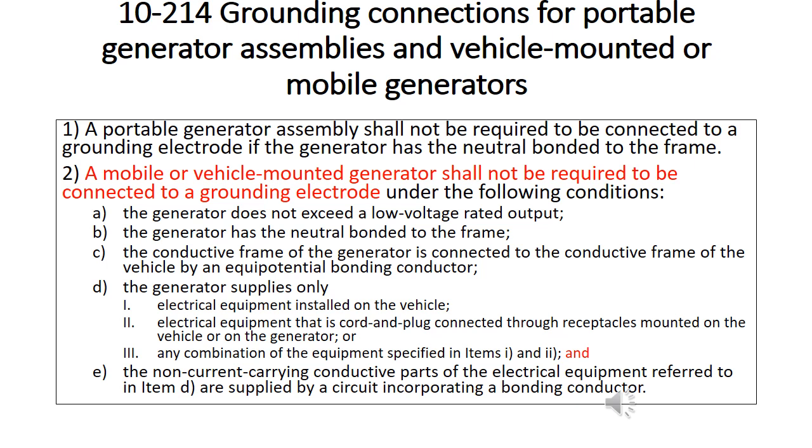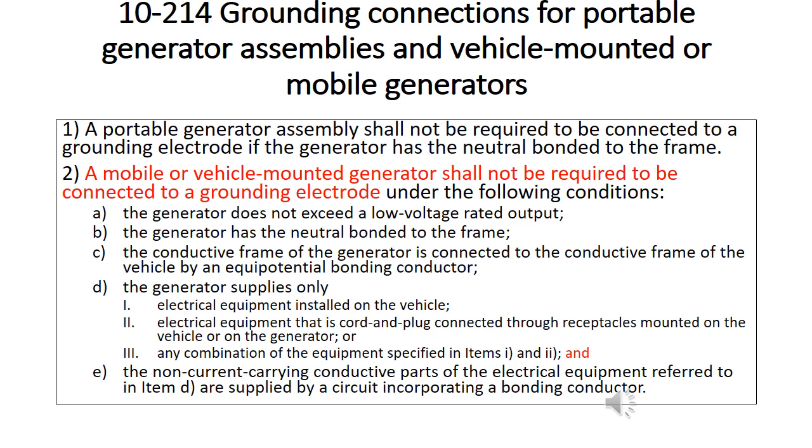CSA Standard C22.2 No. 100 specifies the construction requirements for generators, including portable generator assemblies. A portable generator assembly consists of a prime mover, a generator, overcurrent devices, and output receptacles that are assembled and connected on a common machine frame, and is capable of being carried or moved about by personnel.